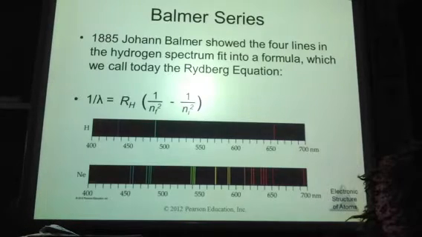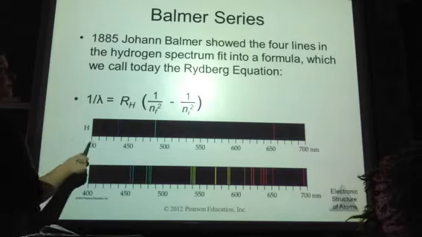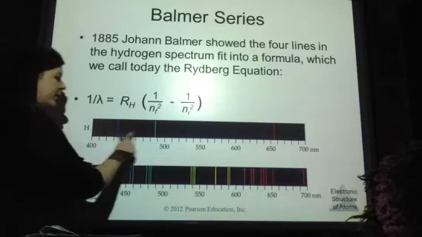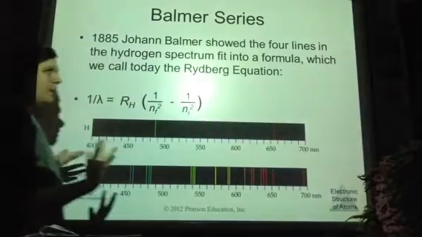Bohr and Balmer were two people that really focused on this. In 1885, Balmer showed the 4 lines of the hydrogen spectrum. He worked on this spectrum and tried to find a formula that could tell us where the wavelengths would be for each element.